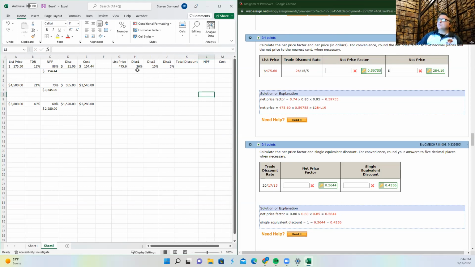Because if that was it, it would be 26 plus 15, which is 41, plus 5 is 46%. And that's not what you're going to get. If you look at our answer here, you're actually going to get closer to 40.245%, right? And let's just figure that out.